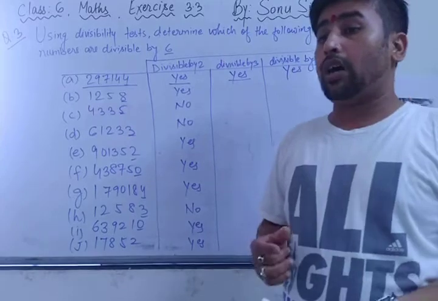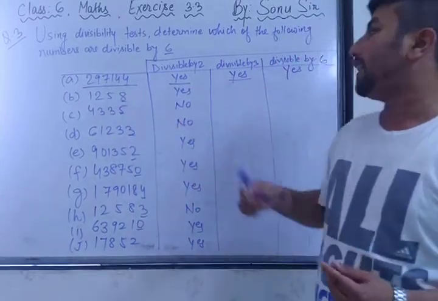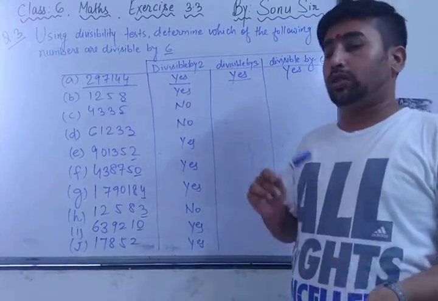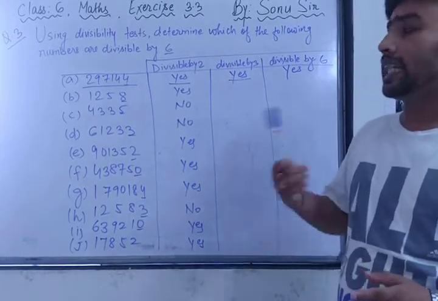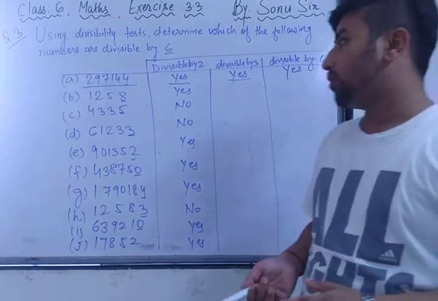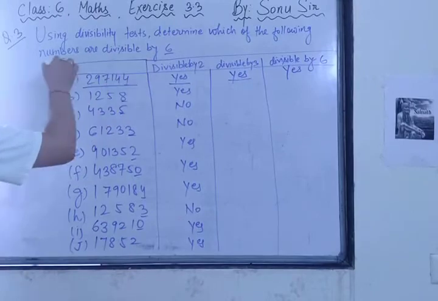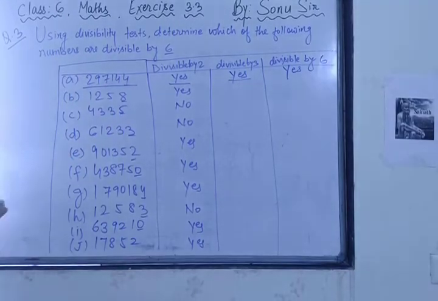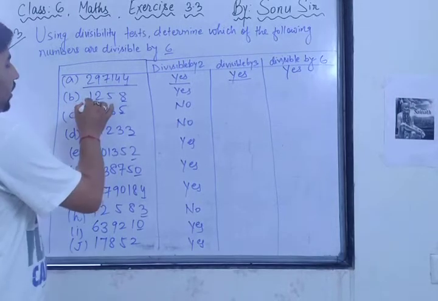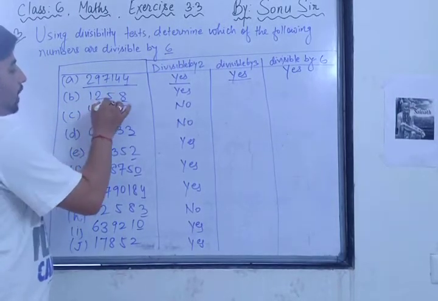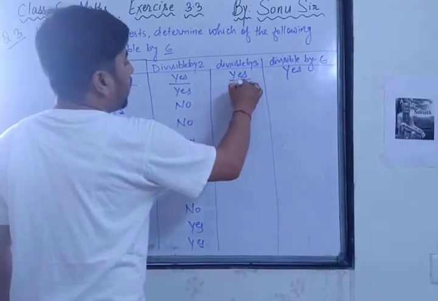If they ask you how, you can say because this number is divisible by 2 and also by 3. Now come to question B. 1258 is divisible by 2. What about 3? 1 plus 2, 3. 3 plus 5, 8. 8 plus 8, 16. 16 is not a multiple of 3.